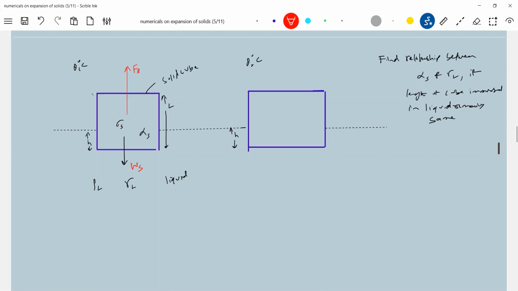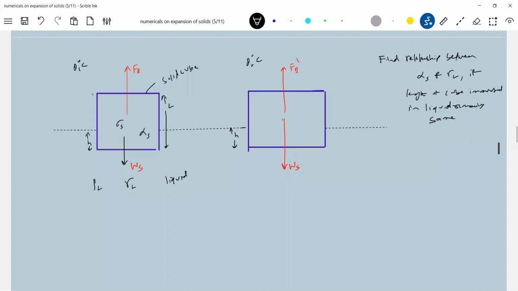Now I'll raise the temperature. What will happen to the weight? The weight will remain as it is, no? Of course, the buoyant force will change. No need of a diagram, you can proceed in this way. The H remains the same. Try to look at the H parameter here.